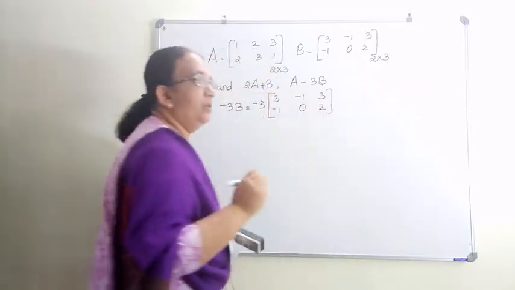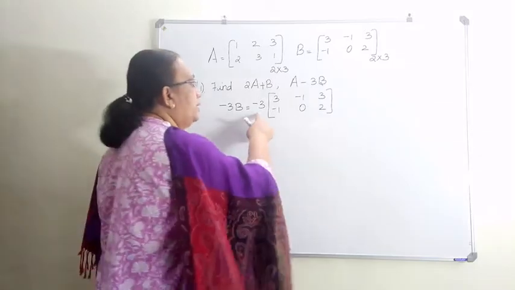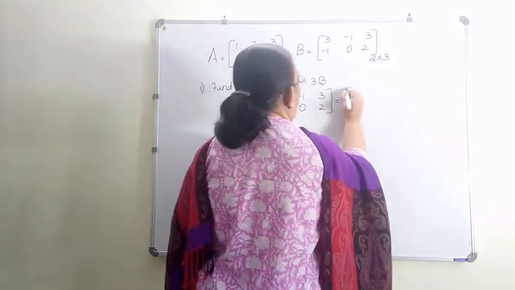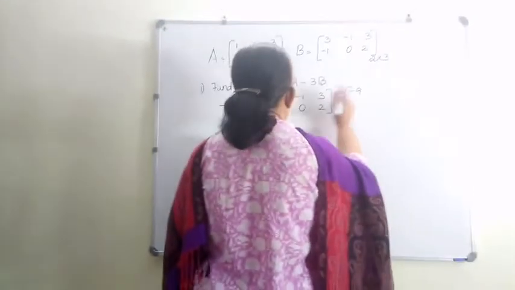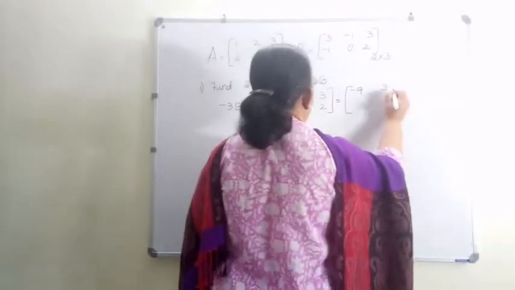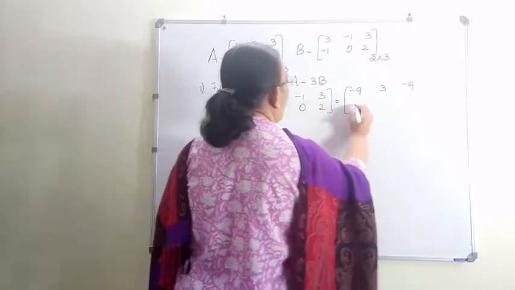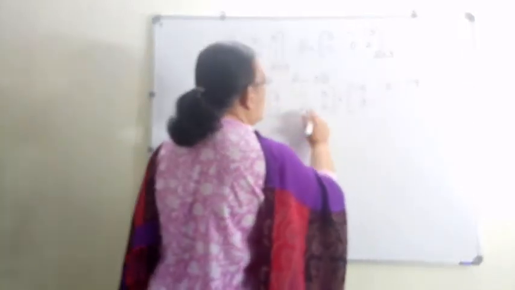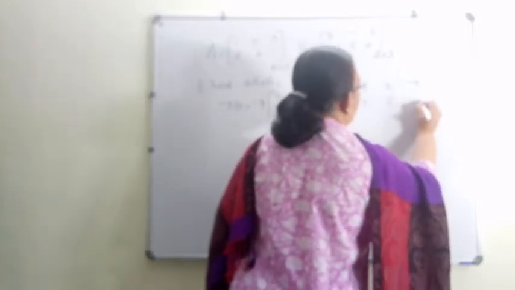We have to multiply each element of the matrix with negative 3: minus 3 into 3, minus 9. Minus 3 into minus 1, 3. 3 into minus 3, minus 9. 3 into minus 1, 3. Minus 3 into 0, 0. Minus 3 into 2, minus 6. Okay.